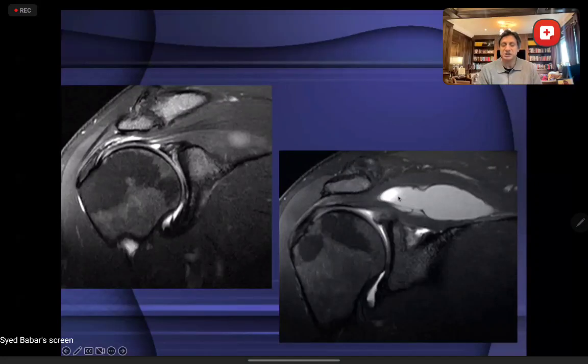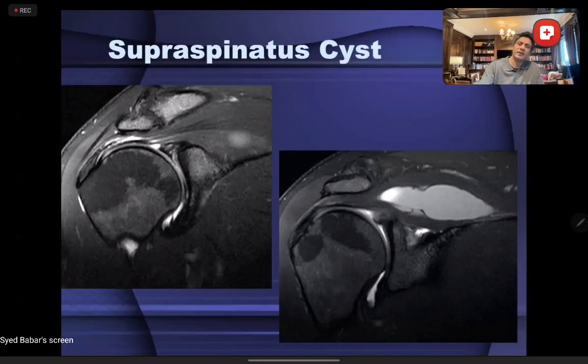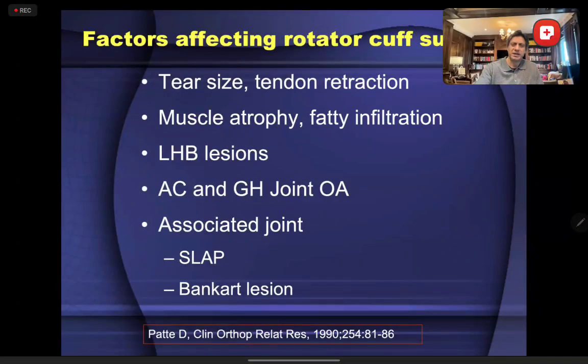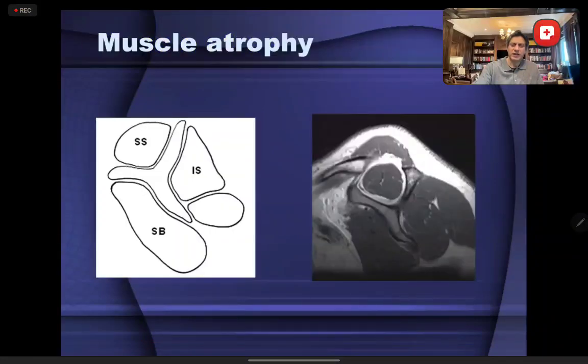So if you see a big cyst in the muscle, the rule is you've got an underlying tear. Okay, so again, no difference between MR and ultrasound in terms of sensitivity and accuracy for picking up full thickness tears.